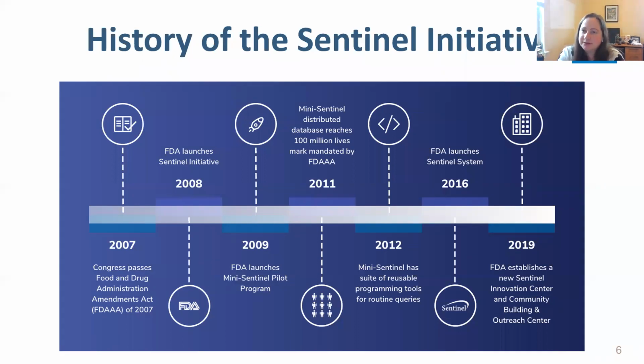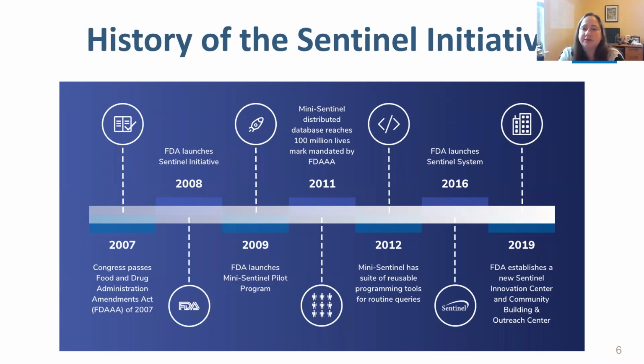I admit I was not part of the Sentinel team then. I was still in graduate school, but they did meet the mandate. From 2011 to 2016, they were growing the system, doing some analyses, establishing a common data model and partnerships with data partners, and creating reusable tools, basically SAS programs, to conduct these queries.